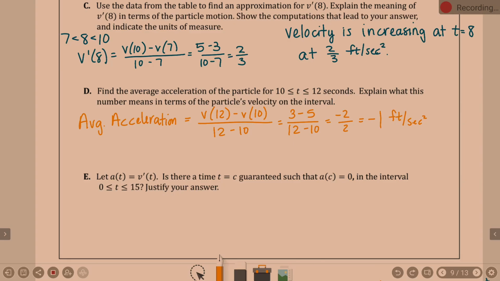Only thing is, if you say decreasing at a rate, you could just say at a rate of 1, because by saying decreasing, you've already indicated the negative. So velocity is decreasing at a rate of 1 foot per second.